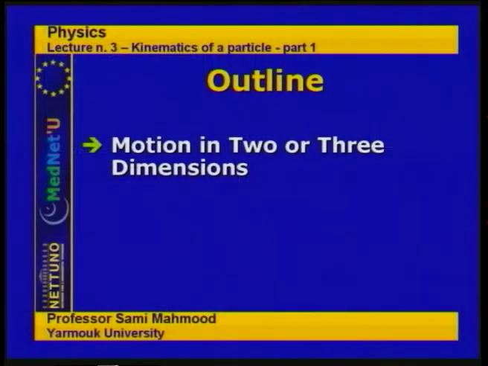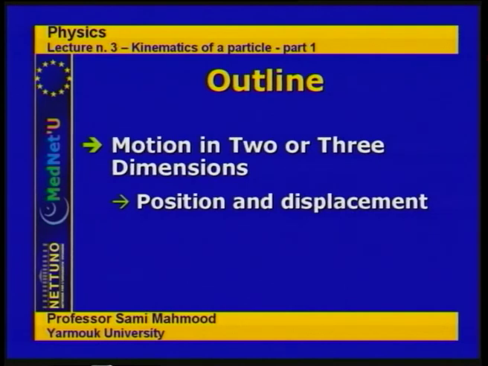And in the second part of this chapter, we will be discussing the motion of a particle in 2 or 3 dimensions, in 3-dimensional space in general. Also, here we will define the position and displacement of the particle in 2 and 3 dimensions.